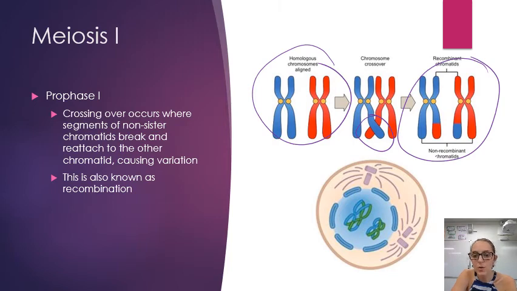This is why we're not all identical, because all of the sex cells will have a different combination of this DNA. Remember too that this isn't just happening in one chromosome pair, there's 23 pairs. So each sex cell is going to have a completely unique setup of the genetic information. We call this recombination or crossing over.